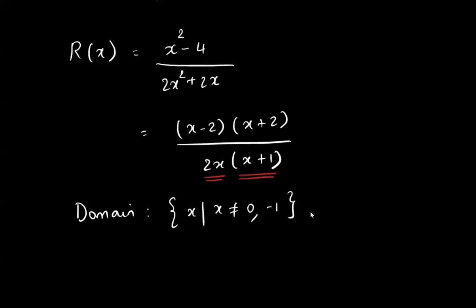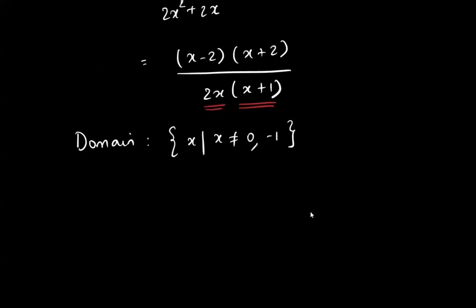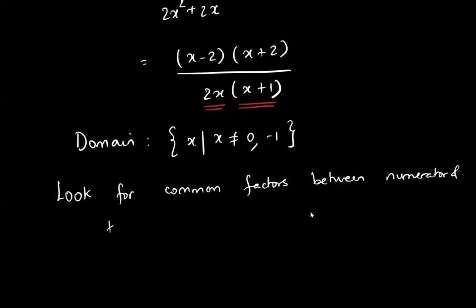Then you look, is there any common factor between the numerator and denominator? If so, cancel. So in the next step, I'm going to look for common factors between the numerator and the denominator.